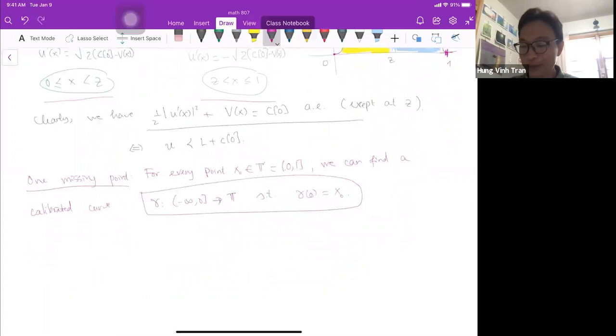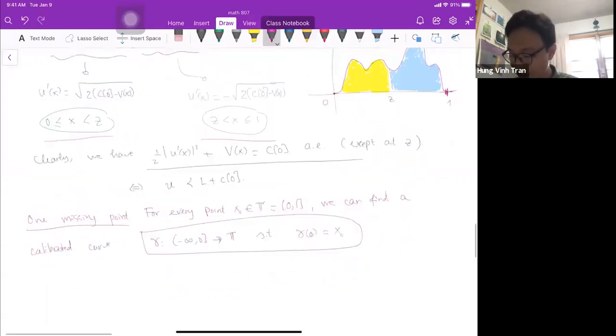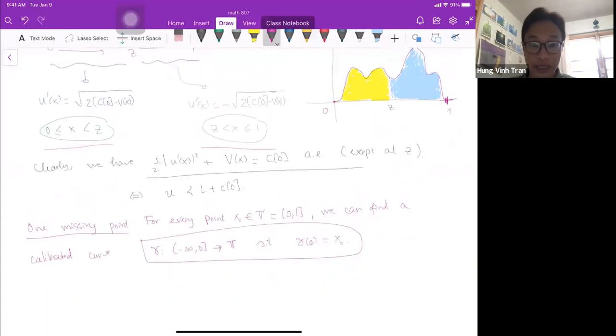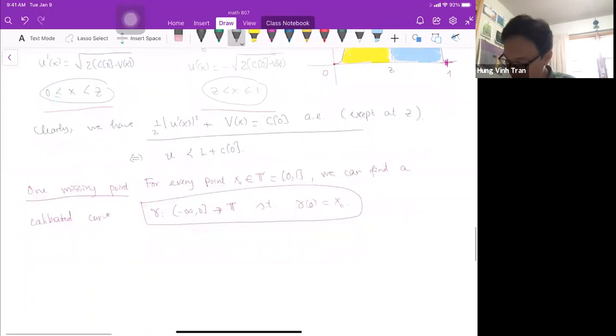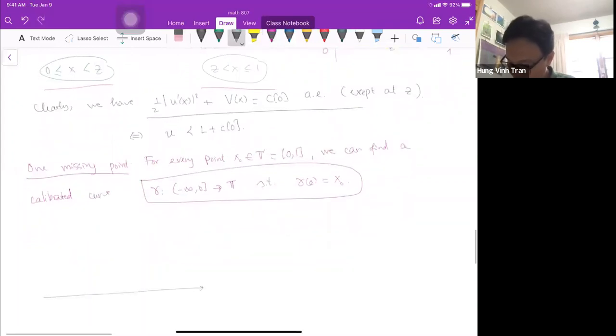Now you see, as I told you, I'm doing it in a very different and reverse way, because I introduced you to using the PDE to solve for things. I have the formula for you here, and now I'm doing it in reverse: I'm going to use it to construct the calibrated curve. Maybe it's a good idea to also draw this picture here.